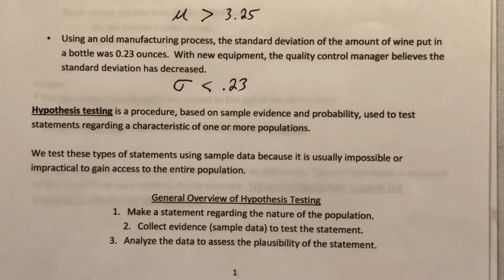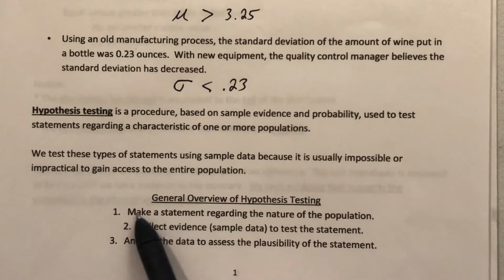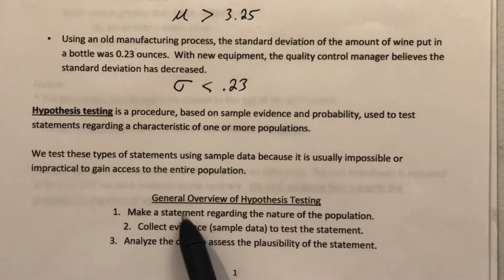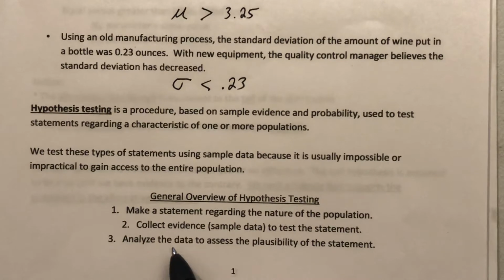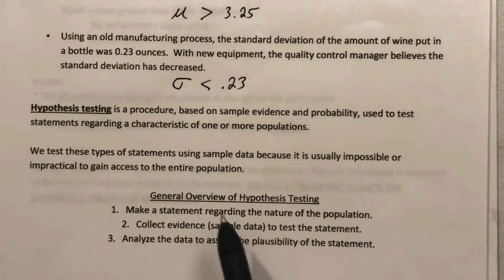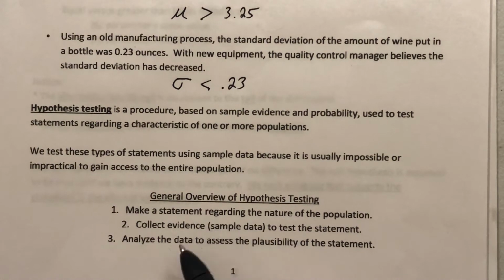And just to very much generalize the process, there'll be a statement regarding some population parameter. There'll be a sample that gathers evidence, and then that information, that data, is used in a very specific way to assess whether or not we could say something has changed or something is different regarding the population proportion or the population parameter.